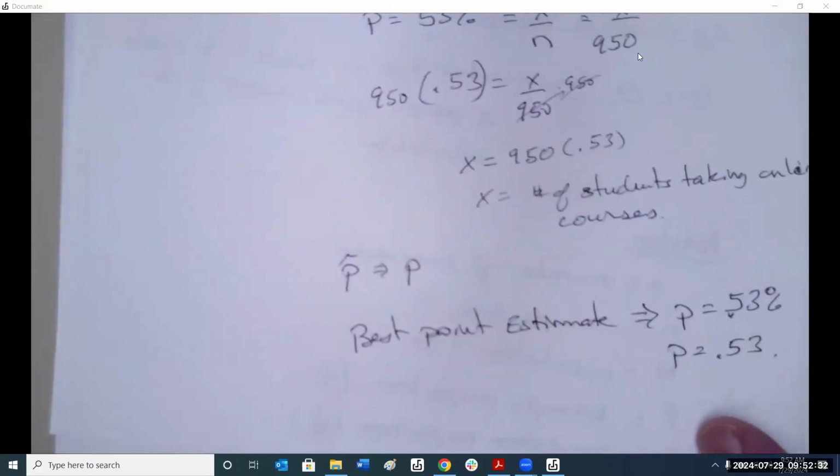That's a pretty straightforward one. Again, best point estimate is we're estimating the population from the sample.